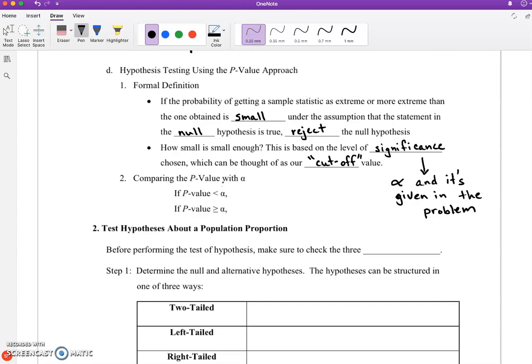If the p-value is less than alpha, we reject the null hypothesis. So we reject the null. If the p-value is greater than or equal to the level of significance, then we do not reject the null.